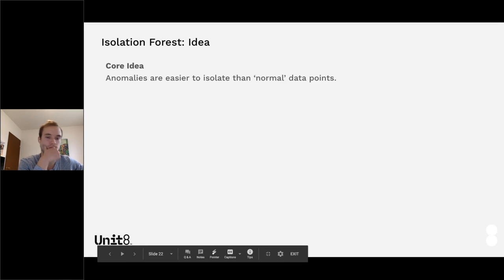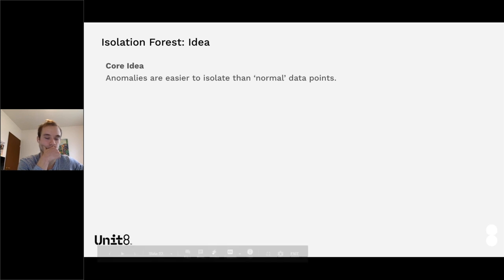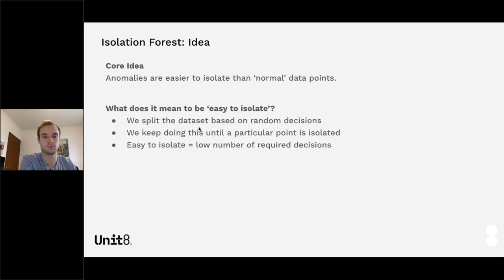So let's come to the basic idea of isolation forests. In the following slides, we will try to give you an intuitive understanding of how isolation forest finds outliers. The core idea is that anomalies are easier to isolate than normal data points. What does it mean to be easy to isolate?